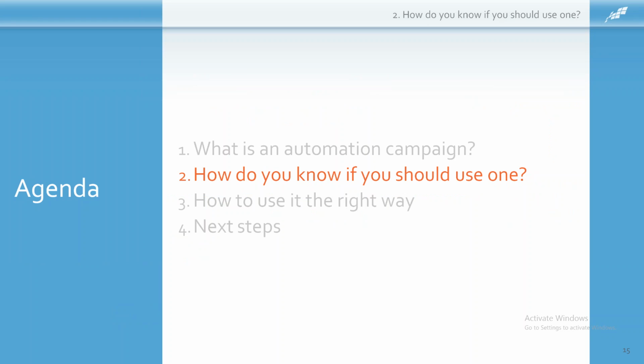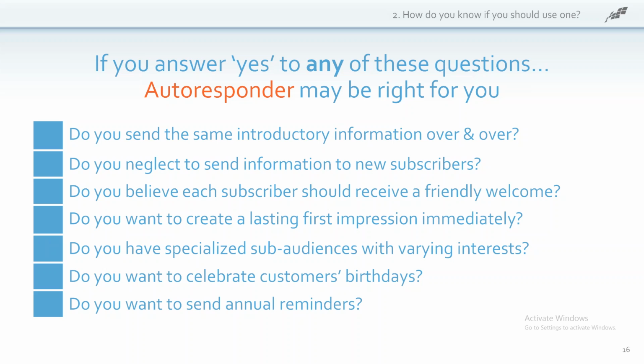So how do you know if you should use one? Let's determine if using an autoresponder is right for your organization. Do you send the same introductory information over and over? Do you neglect to send introductory information to new subscribers?